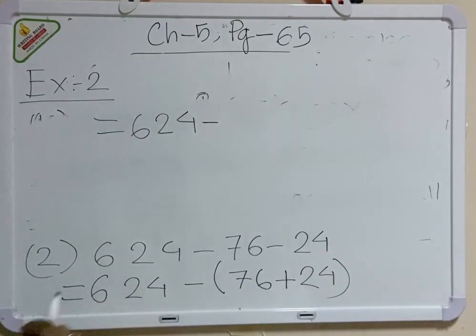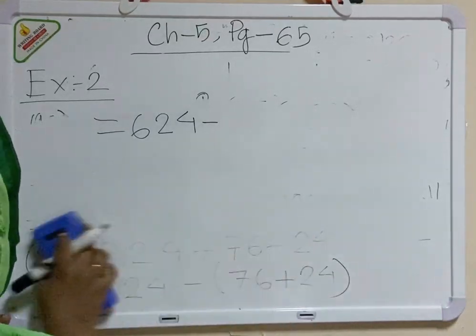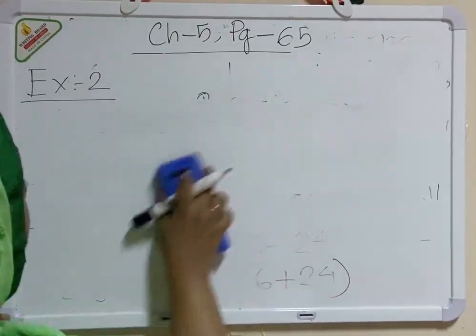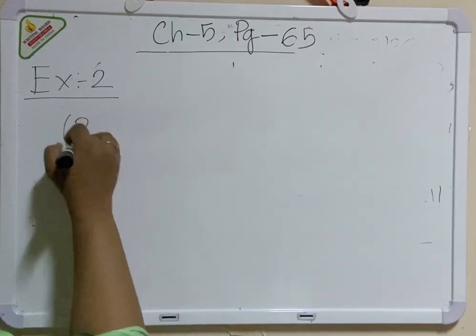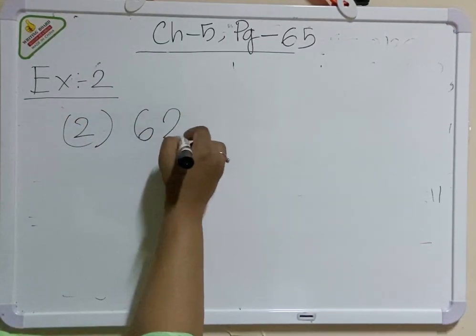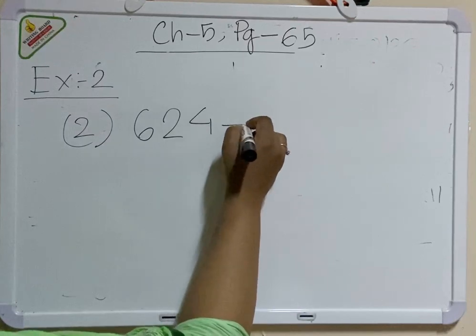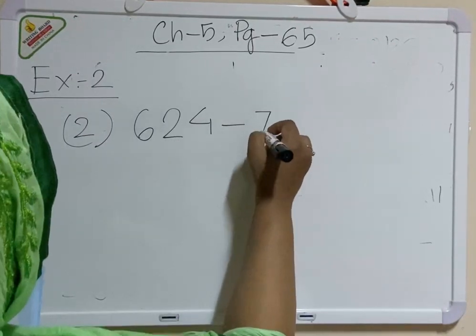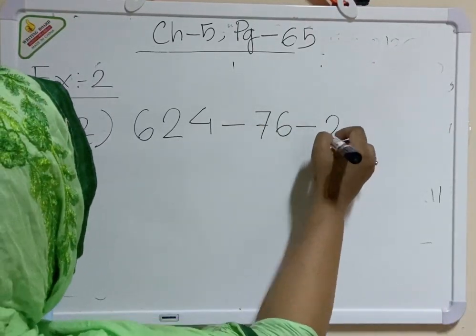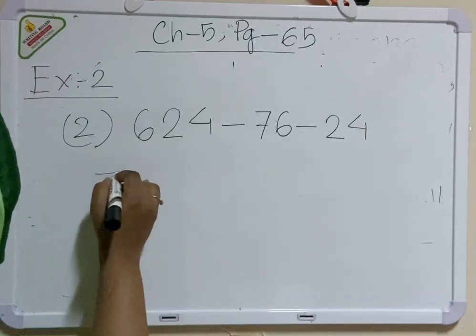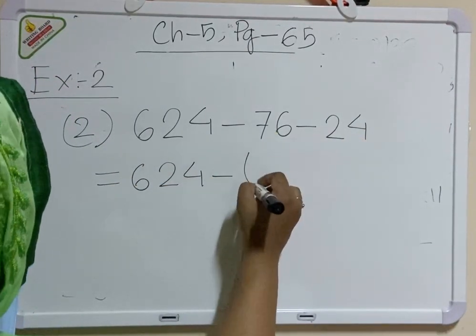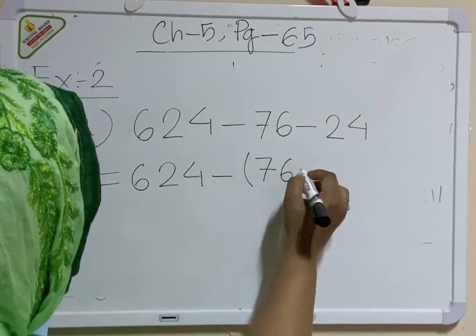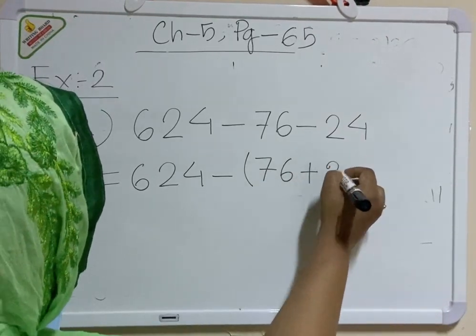I am writing number 2 again here to make it clear to you. 624 minus 76 minus 24. I have to add these numbers together, so I am writing a bracket with plus 24.